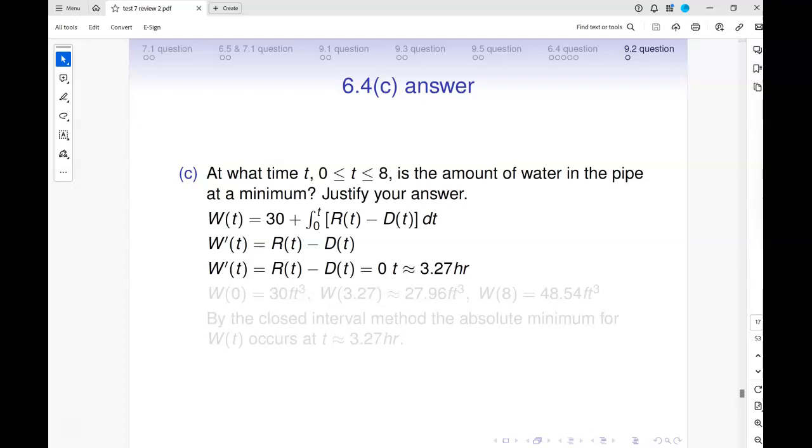y2 minus y1. I graphed it and looked for the intersection. Right? I just set my window from 0 to 8 and looked for the intersection of r of t and d of t.